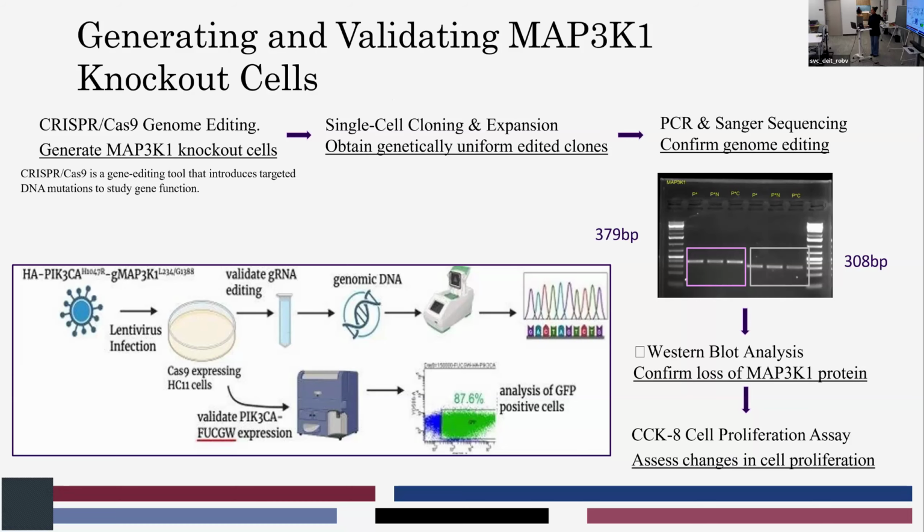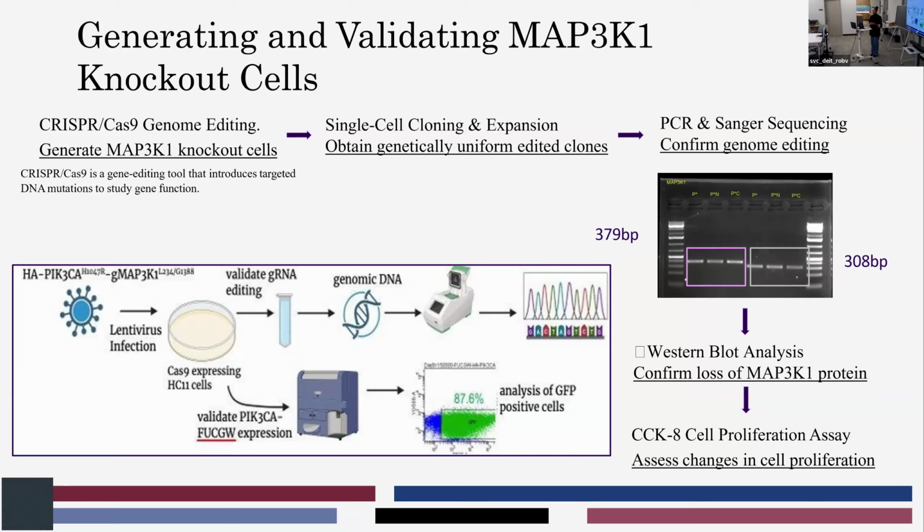This is kind of a workflow overview. We first use CRISPR-Cas9 genome editing to generate MAP3K1 knockout cells. CRISPR-Cas9 is a gene editing tool that introduces targeted DNA mutations to study gene functions. This small insertion or deletion will disrupt the gene's coding sequence.